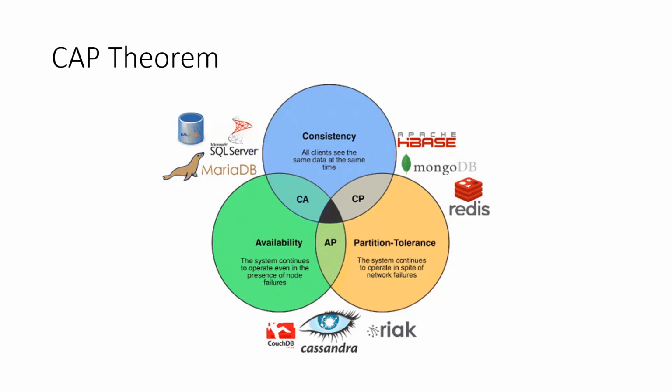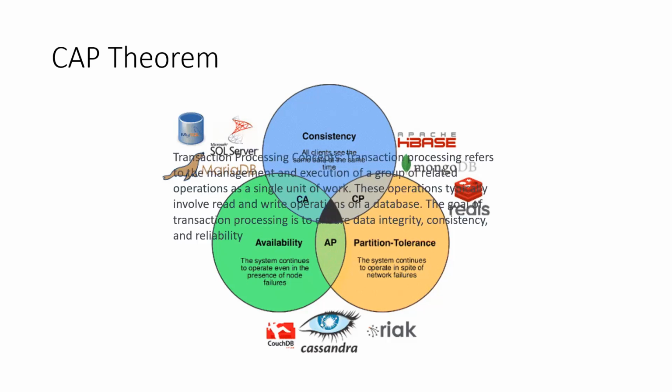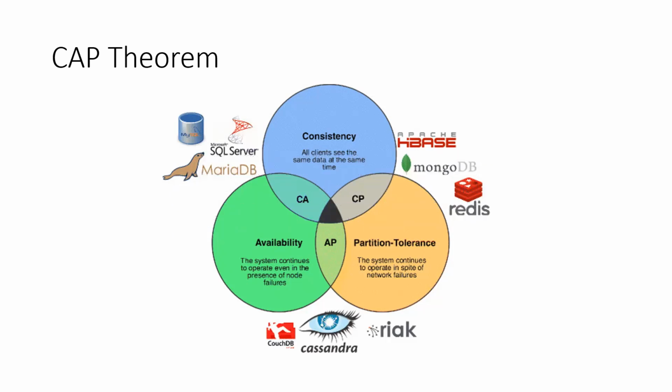When we talk about transaction processing, the main thing we want to discuss is how we are going to handle a group of related items. In some applications, we might change multiple data at the same time.